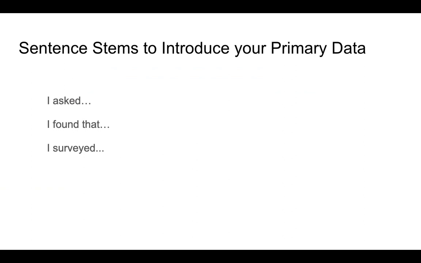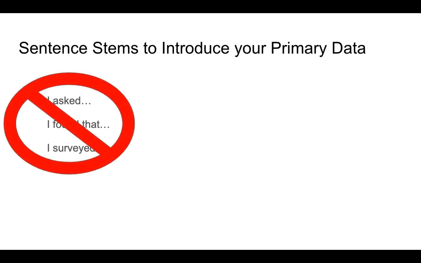This is some sentence stems to introduce your primary data. I asked, I found, I surveyed. Obviously, not that. No personal pronouns, you know that. Instead, use the passive voice. So we've got a survey conducted at AIS found that. We've got the object and the past participle verb.